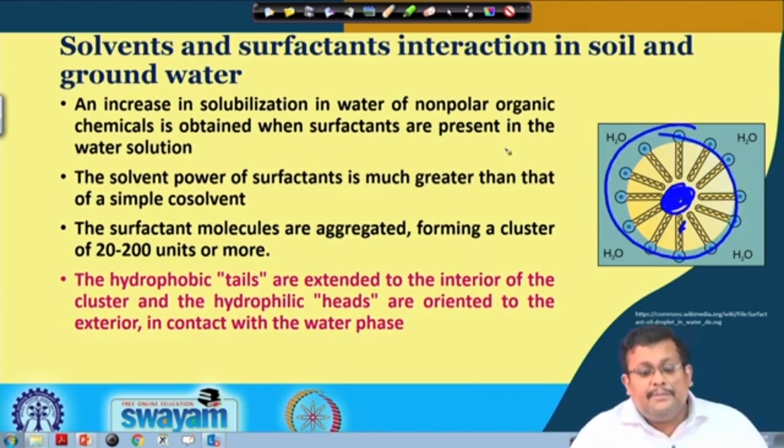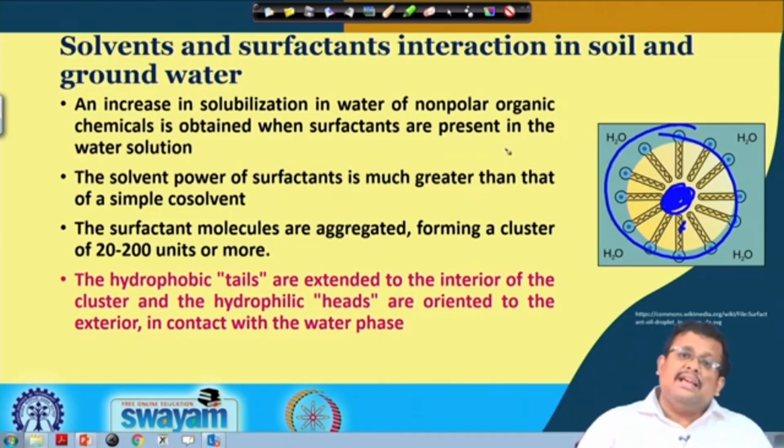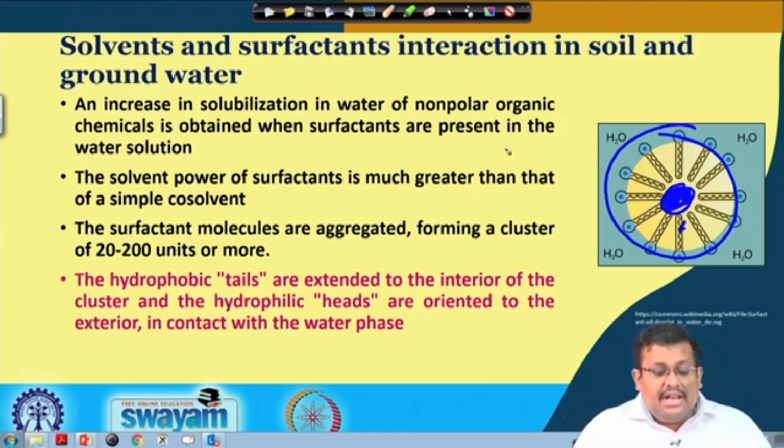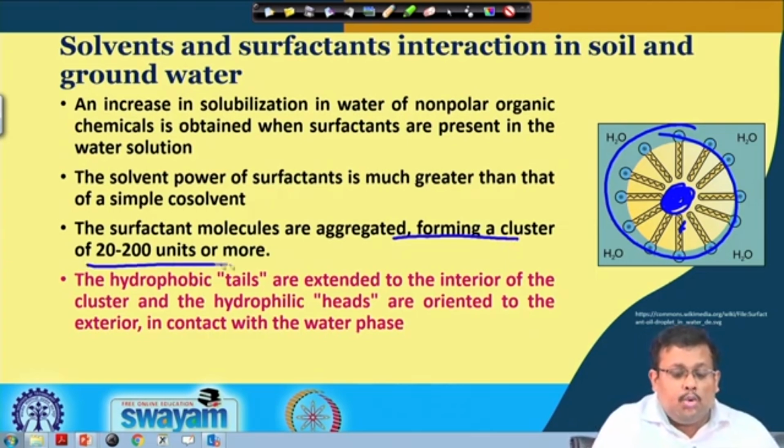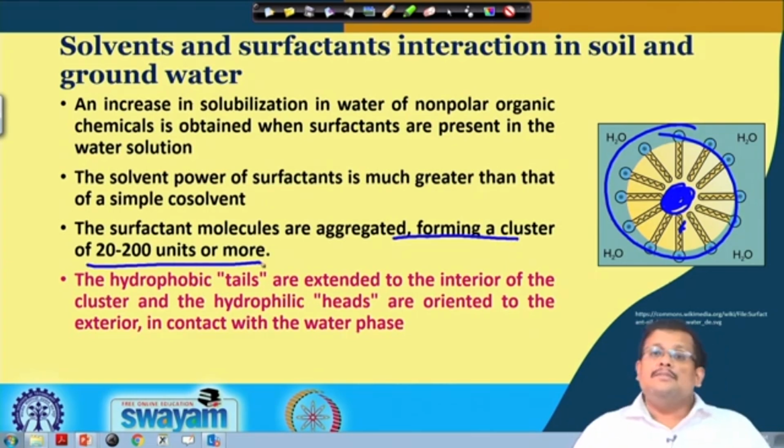Now, the solvent power of surfactants is much greater than that of a simple co-solvent, obviously because of their structure and their solubility mechanism. The surfactant molecules are aggregated, forming a cluster of 20 to 200 units or more.